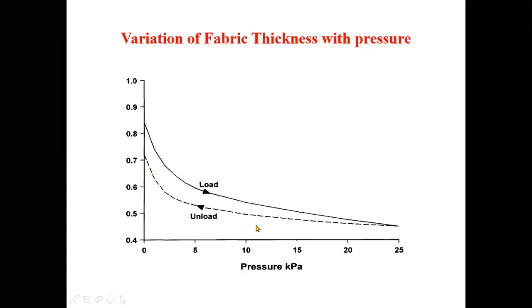When we are increasing the load, the value of the thickness at this pressure, that is 10 kilopascal, is slightly less than 0.6, but when we approach it from the unloading side, the thickness is even smaller. This is the hysteresis effect, and this occurs because of the deformation of the fibers.